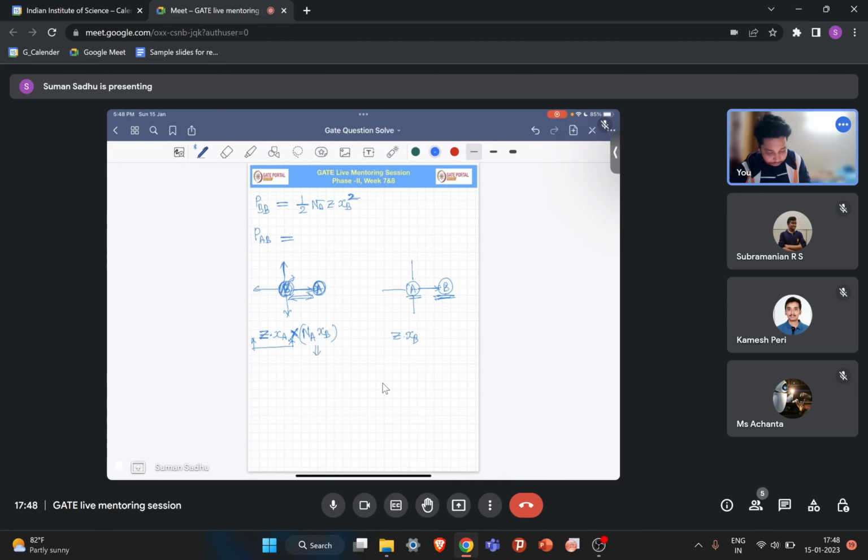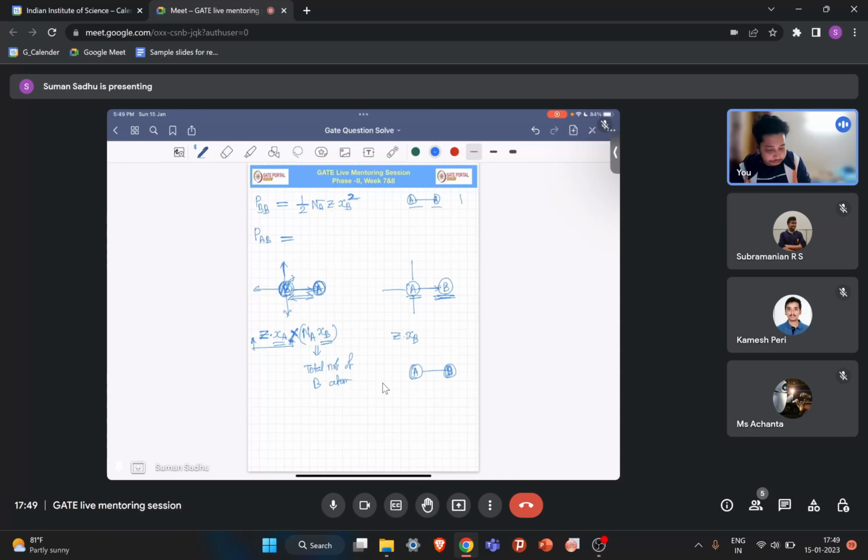So this is your total number of B atom, and this is your probability of finding A atom nearest to the B atom. So in this case, you are considering one A atom and one B atom, that's why Xa and Xb is there. But in this case, you are not considering two A atom or two B atom. In earlier case, for AA type of bond, you are considering two A atom.